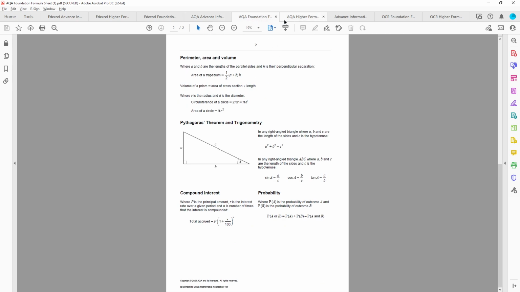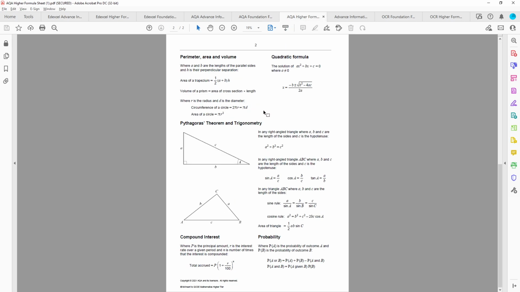And similarly, we've got the formula sheet, and the formula sheet looks very similar. If you look at the topics, they're not hugely different really between the exam boards. Cosine, sine, and trigonometric area, I think they might be the same. I think almost certainly they are the same.